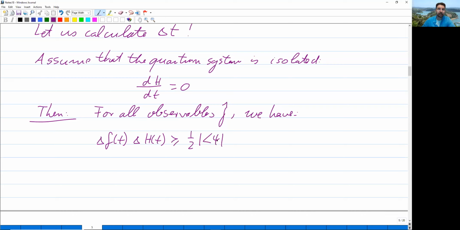I'm just writing down the ordinary uncertainty principle that we derived in the previous lecture. I'm just choosing for the two observables that they are F and H, the energy. F is an arbitrary observable, H is the Hamiltonian, which is an observable like any other observable as well. And then here we have the commutator of F hat and H hat.